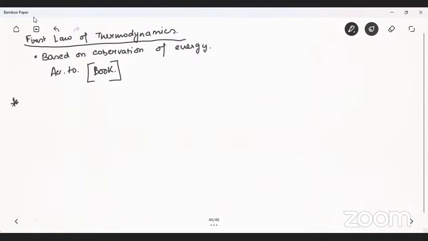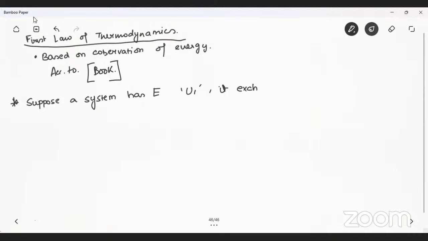So suppose a system has internal energy, I'm writing that as E. It is U1.